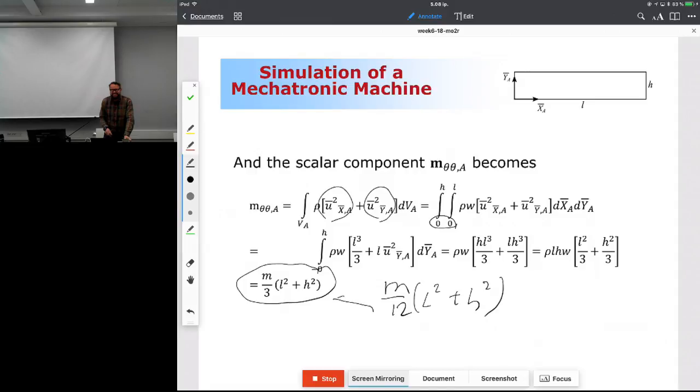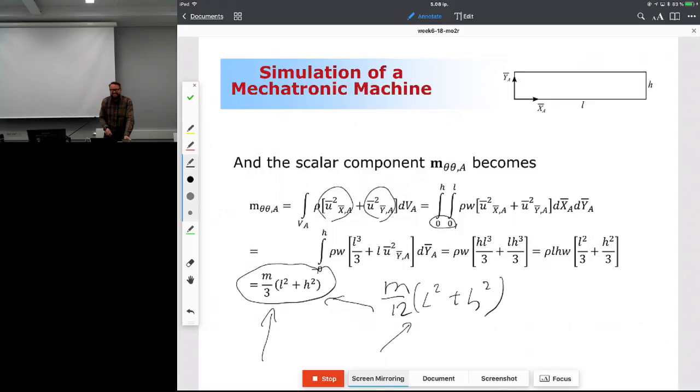Now this one here is mass divided by 3. Okay, numerically, this one here is higher than this one. Makes sense? Because it is harder to rotate that body in one corner compared to rotating it at the center of mass.